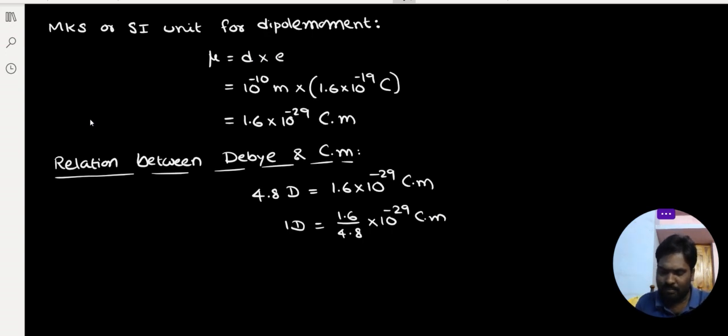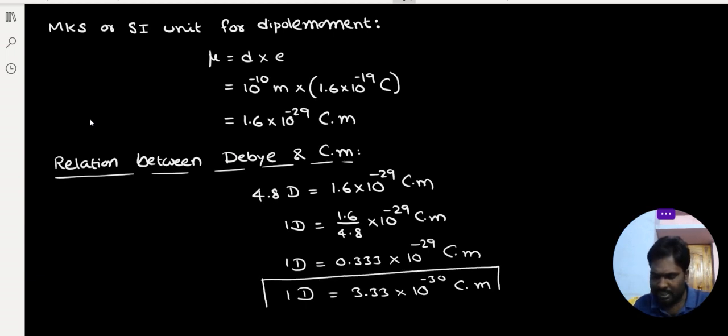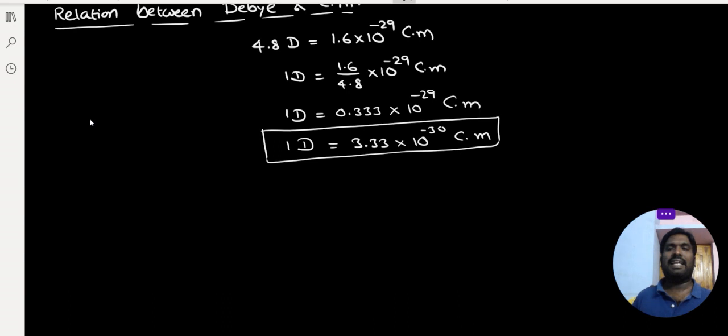It is not centimeter, it is coulomb meter. 1.6 by 4.8 is 1 by 3, 0.333 into 10 to the power of minus 29, so 1 debye equals 3.33 into 10 to the power of minus 30 coulomb meter. This is the relation between debye and coulomb meter.